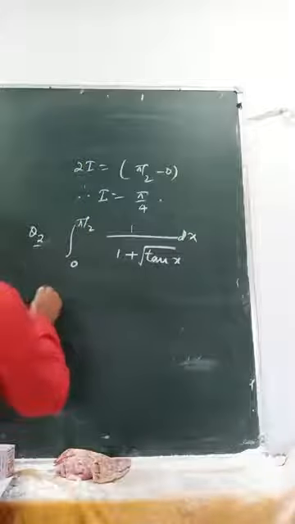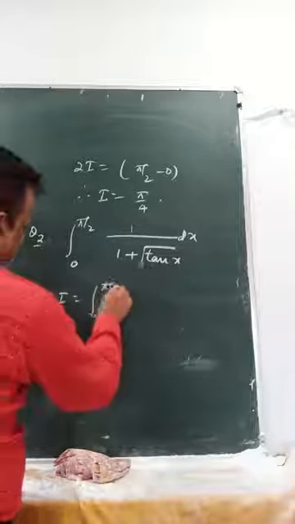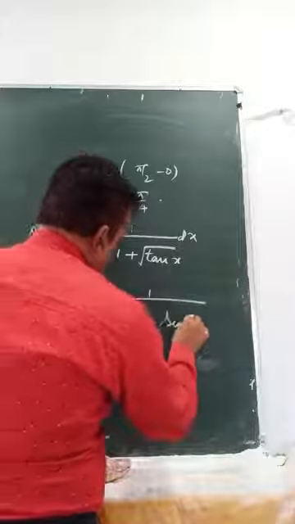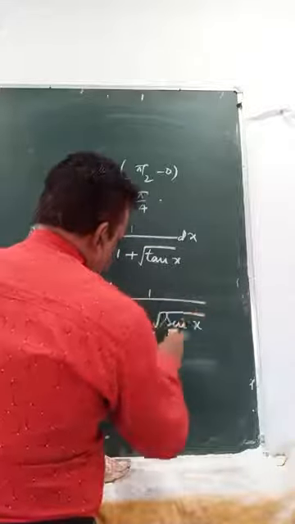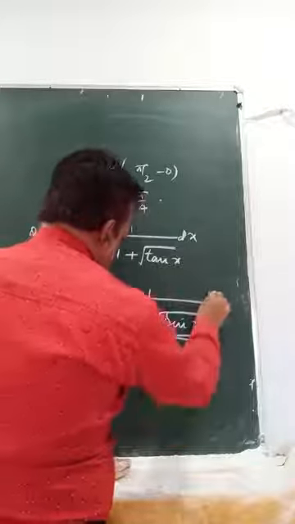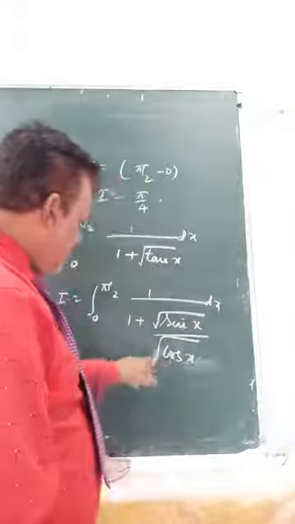So I equals integral from 0 to pi by 2 of 1 by (1 plus root sin x by root cos x).